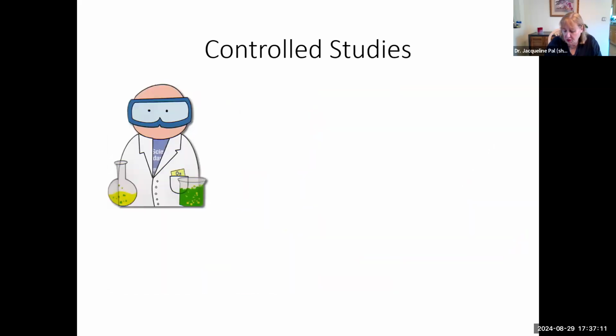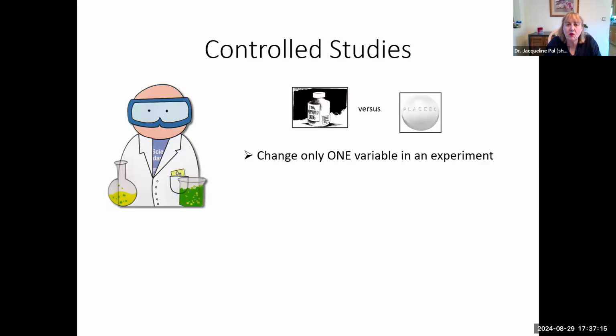So when we are doing science experiments, we have very controlled studies in that we only change one variable in an experiment at a time. If on that flashlight experiment, we had changed both the batteries and the light bulb at the same time, we would not have known what the problem was. So that would not have been a good experiment.